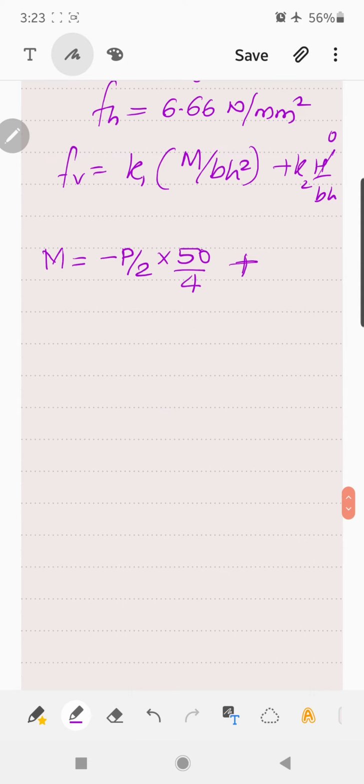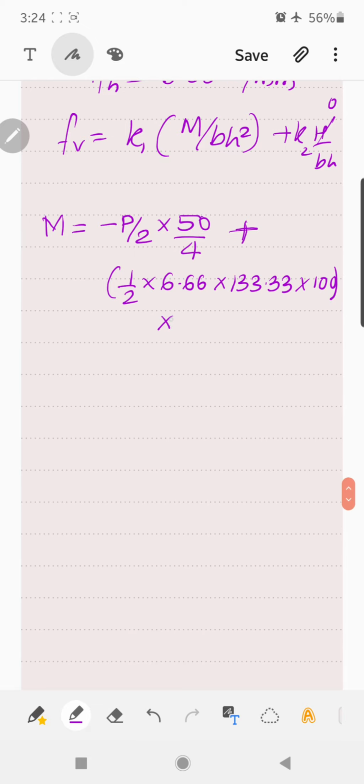It is a triangular stress distribution, so area is half into 6.66, the FH value, into 133.33, into width 100 mm.